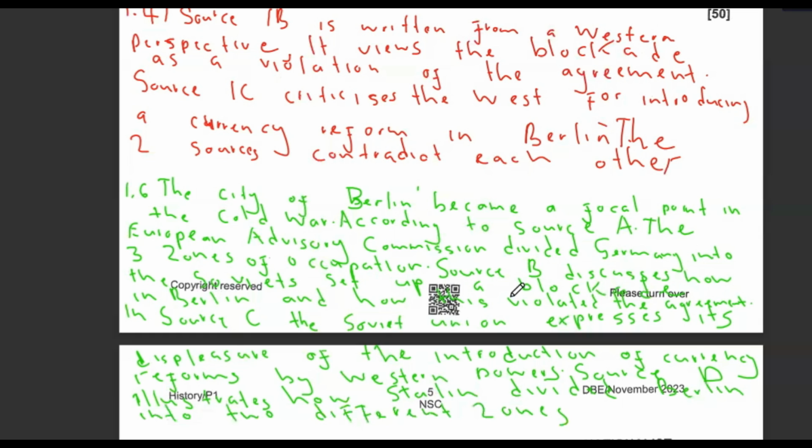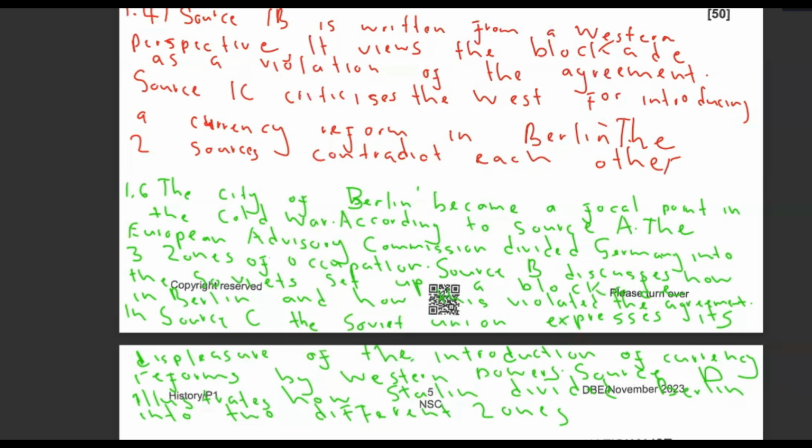In doing so, they violated the agreement which they had in the advisory commission. Then in source C, the Soviet Union expresses its displeasure of the introduction of the currency reforms by Western powers. Then source D also illustrates how Stalin divided Berlin into 2 different zones.